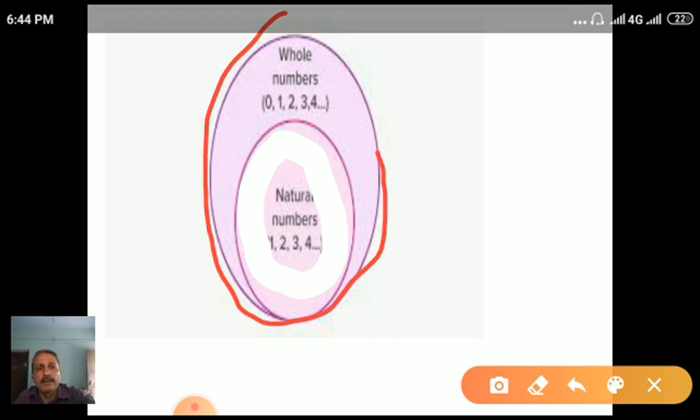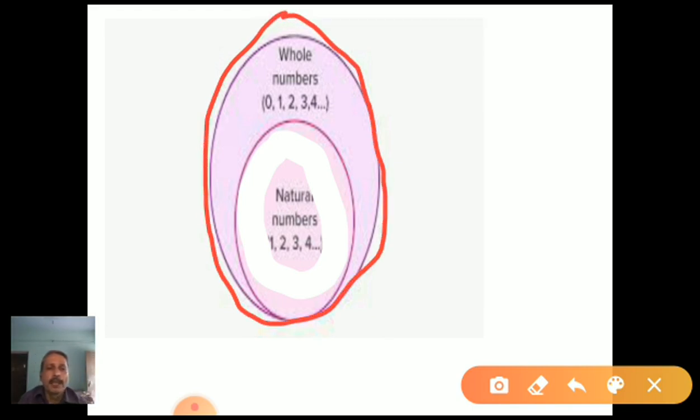The difference between whole numbers and natural numbers you can find from the picture, it is very simple. Whole numbers begin with 0, then 1, 2, 3 and so on, infinite numbers.